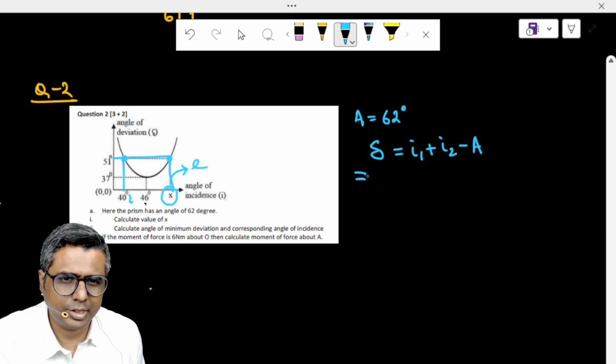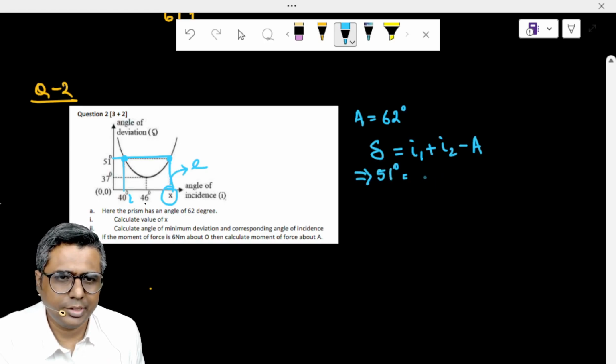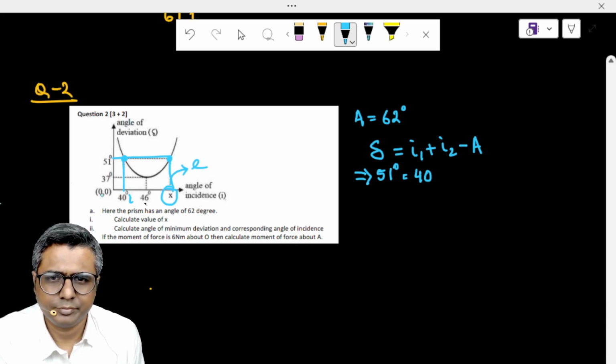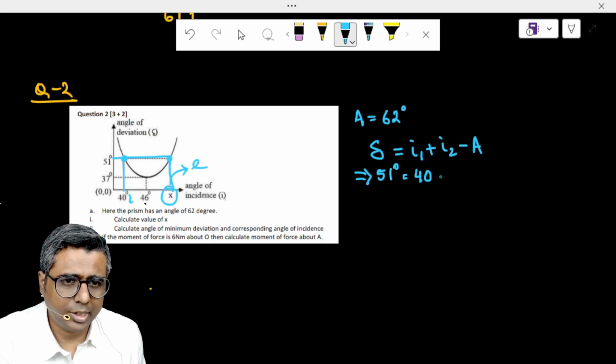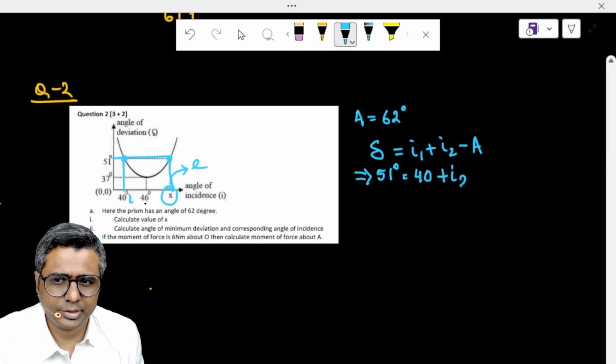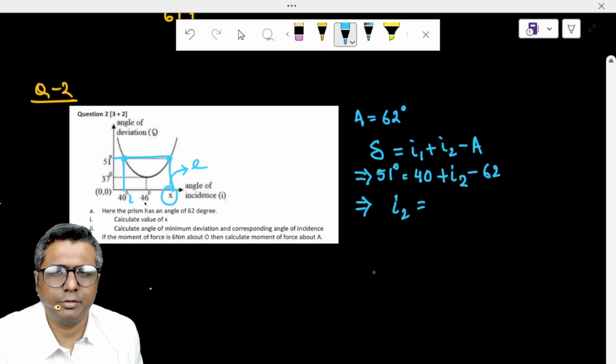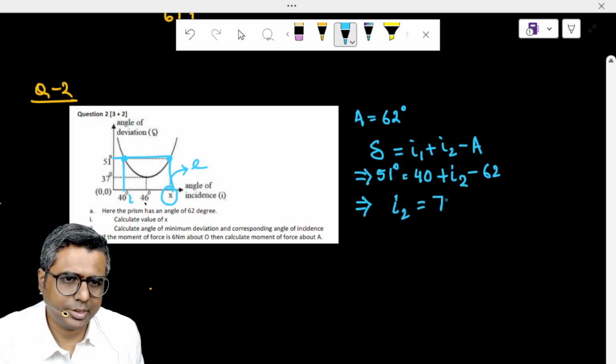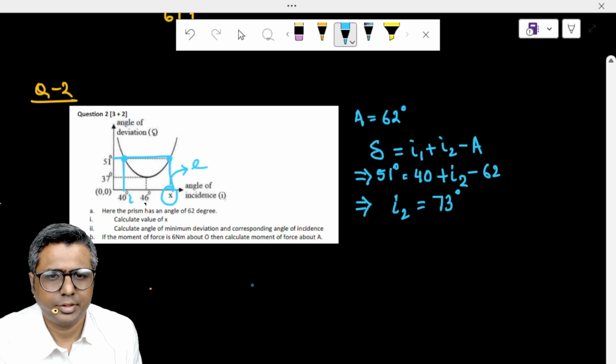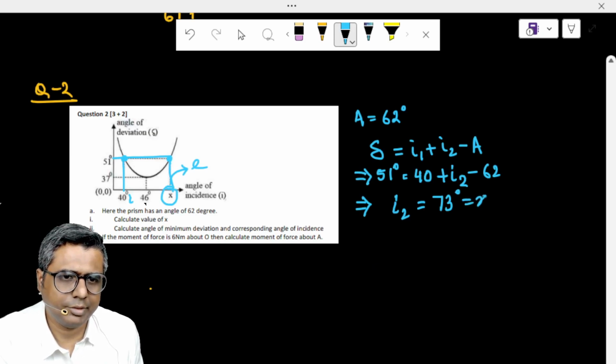So here the deviation angle is 51 degree. I1 is 40 degree, correct? Angle of incidence 40 degree, and I2 is not known to us, minus A is 62 degree. So from here I can easily get the value of I2. This will be 73 degree. So x is equal to 73 degree.